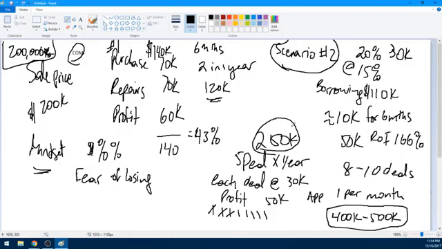Okay, so with this scenario, using just your own cash to do transactions, and believe me, guys, I know a lot of people that only want to use their own cash.